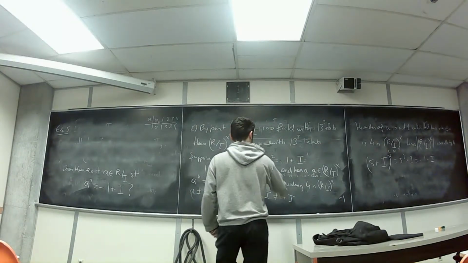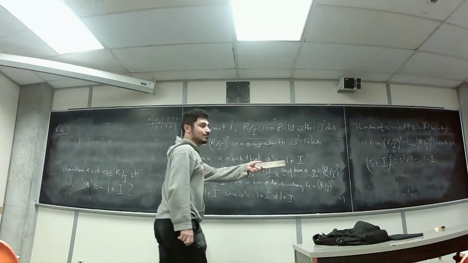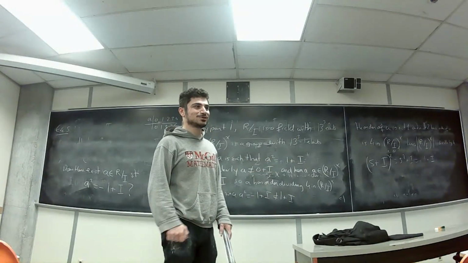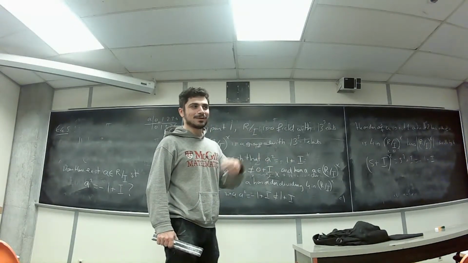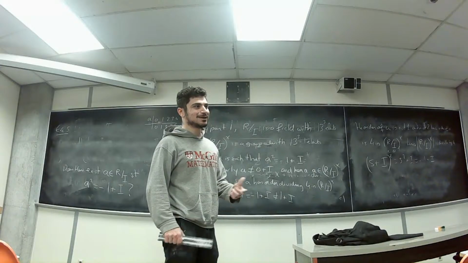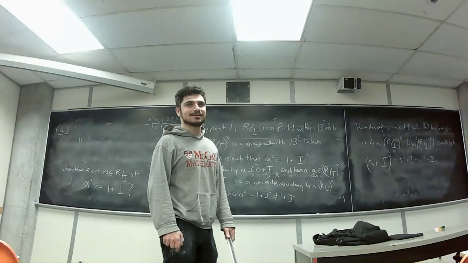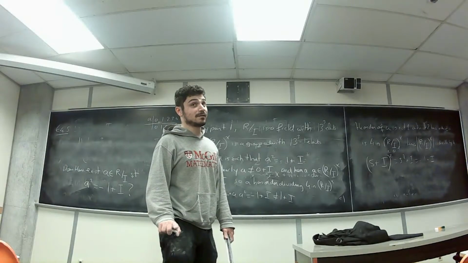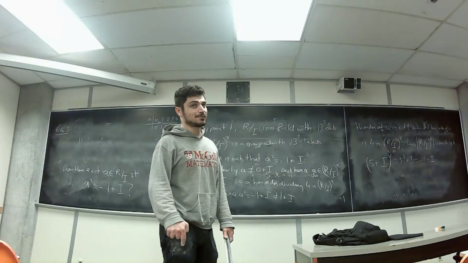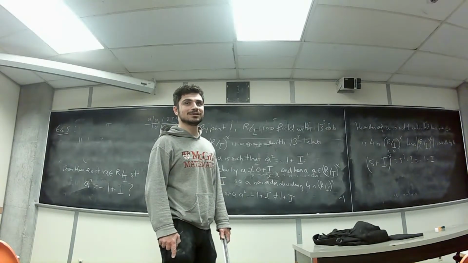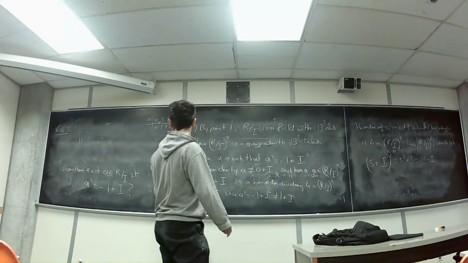I messed up here. So you do have an element satisfying A squared is minus 1. It's 5 and minus 5. Both of these satisfy A squared is minus 1. 5 squared is 25, which is minus 1 mod 13. You do have an element.